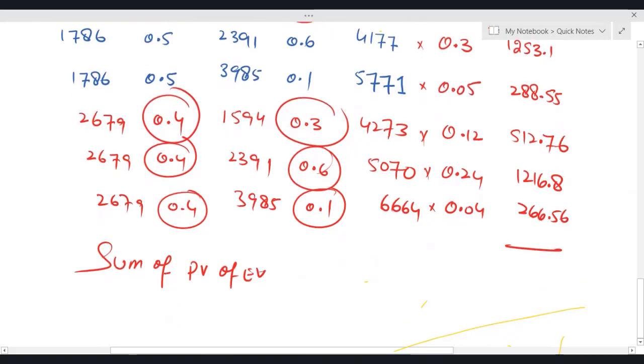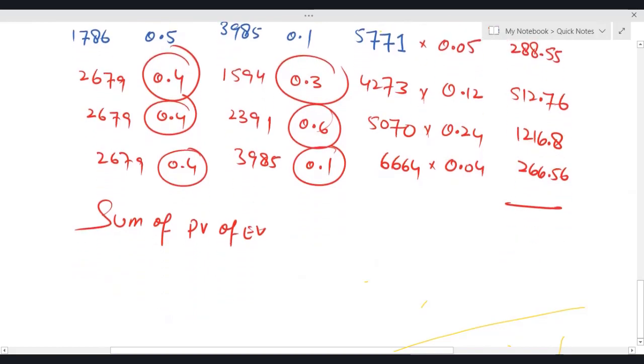I'm getting 4,365.16. Less the initial investment, which is 3,500.